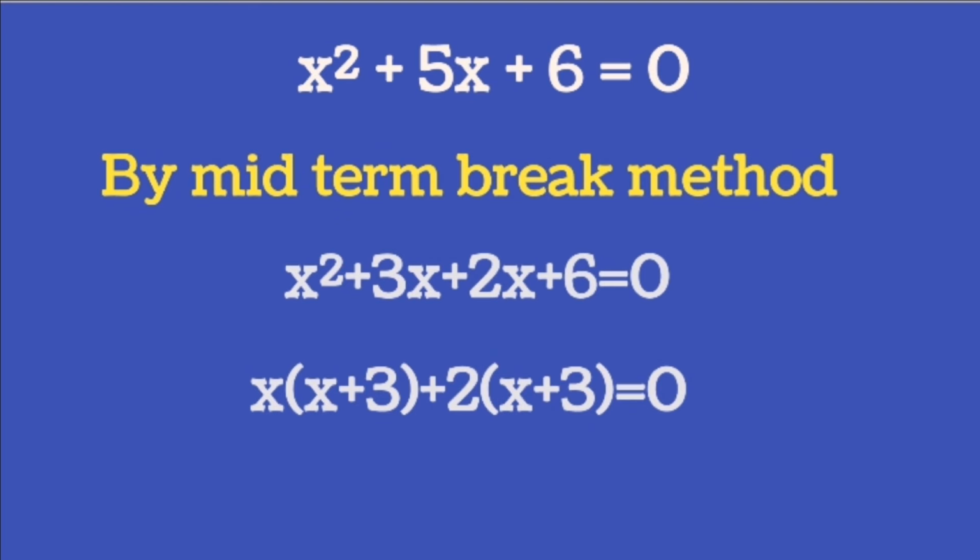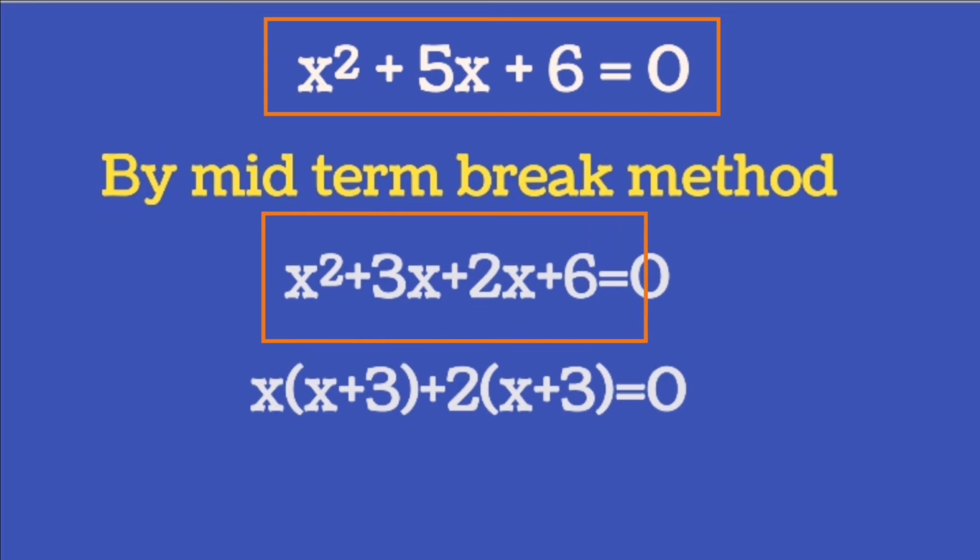So the quadratic equation x square plus 5x plus 6 is equal to 0 becomes x square plus 3x plus 2x plus 6 is equal to 0.